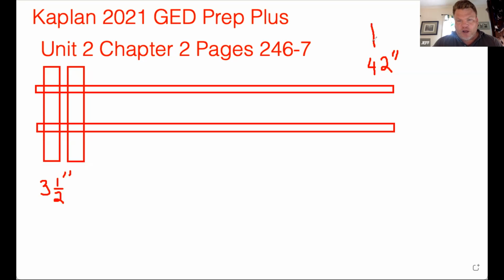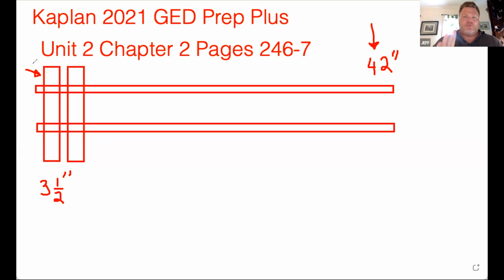For our problem, we're going to say 42. They do something very tricky in the book that we'll talk about after we do this. But let's just say that this fence is 42 inches long, and the slats that touch perfectly, I don't have them touching, but they should, are 3.5 inches. And the question is, how many slats can you fit in that? And there are 4 choices.